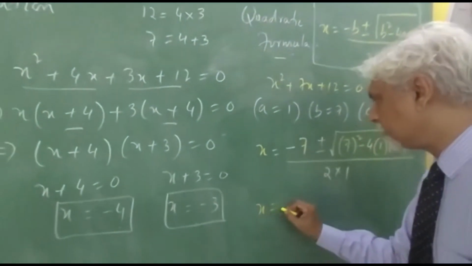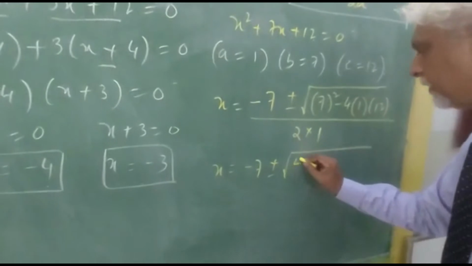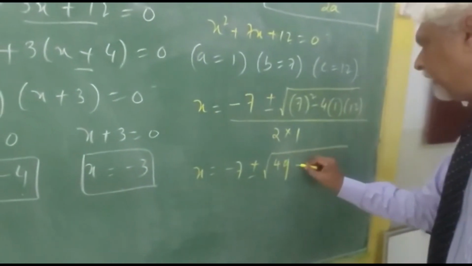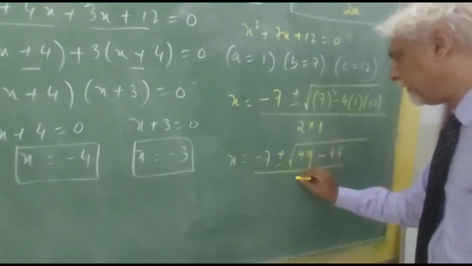So this will give us x equals minus 7 plus minus root 7 7s are 49, minus 4 12s are 48, over 2 1s are 2.